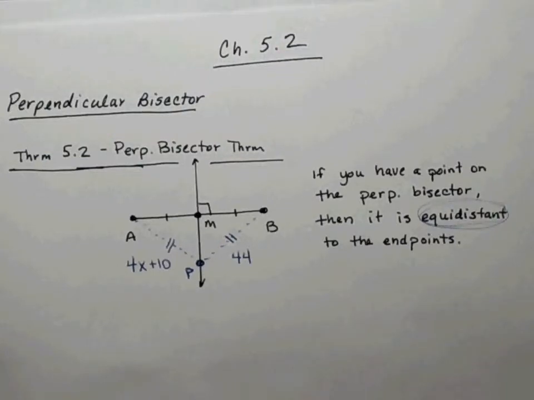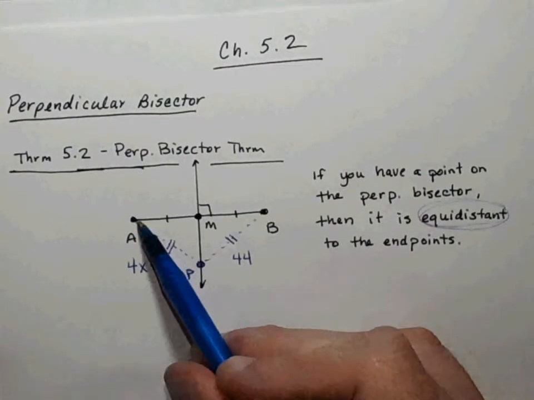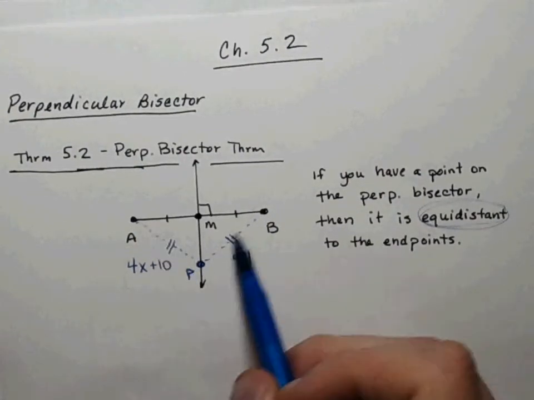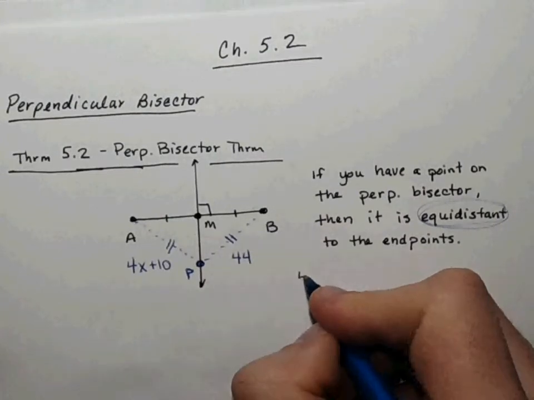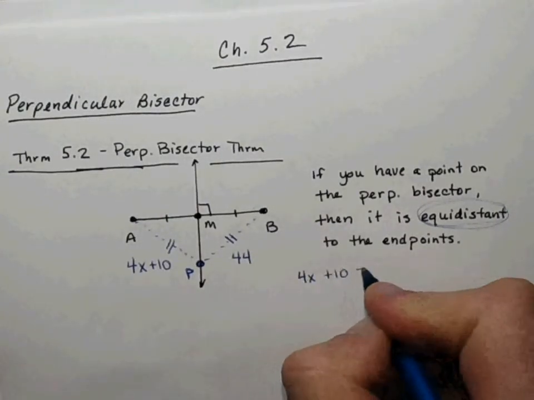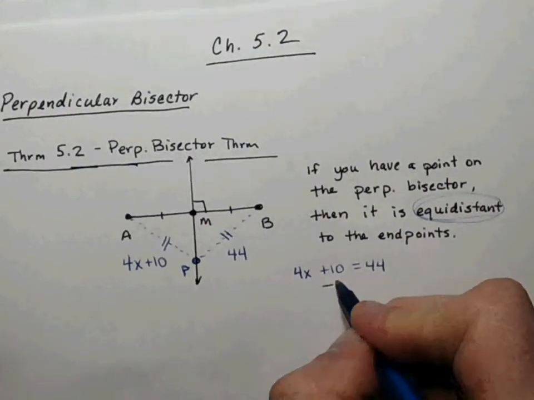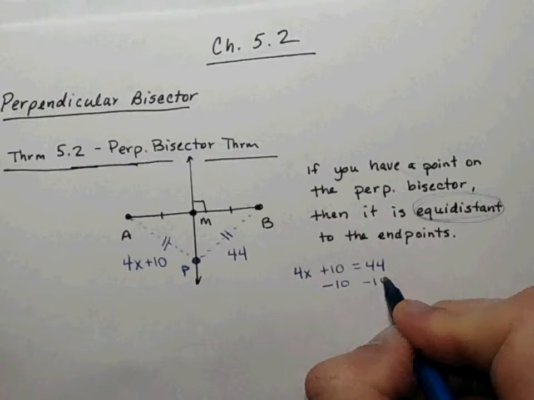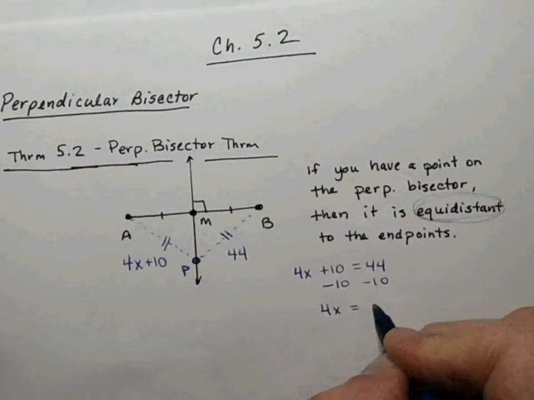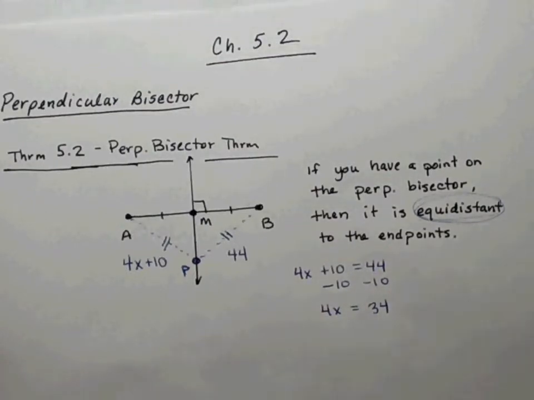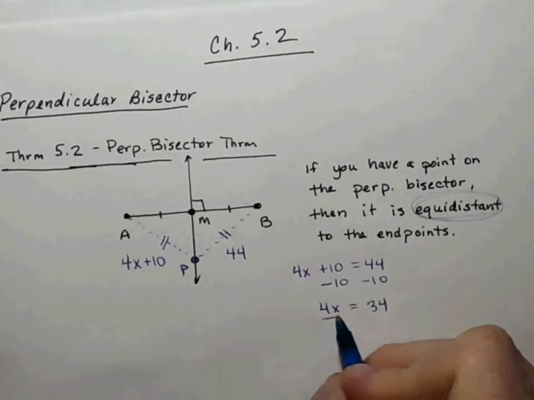If we wanted to solve for x, because we know that AP and BP are congruent, we would say 4x plus 10 equals 44. And there's our two-step problem. First, subtract 10 from both sides, so we get 4x equals 34. Then we divide by 4.